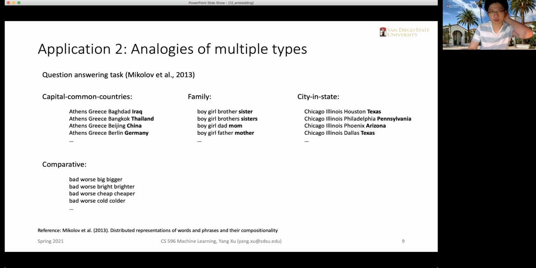The relative information between comparative words, like bigger to big is like worse to bad, can also be extracted. I don't know what the state of the art accuracy is, but at that time, models like word2vec could achieve 70 to 80% accuracy in modeling the meaning of words.